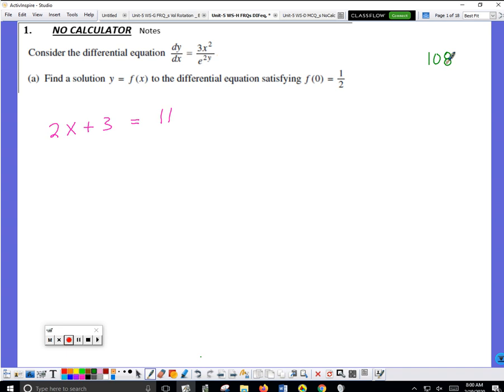Listen, there are 108 points possible on the AP test. They are equally divided between the multiple choice and the free response. To get a 4 on the AP test, you have to earn approximately 60 of those points. This will go up and down by 1 or 2 points every year, but not very much.